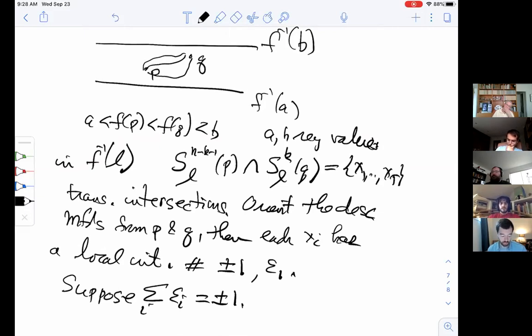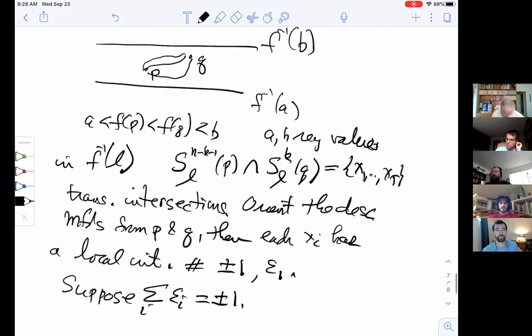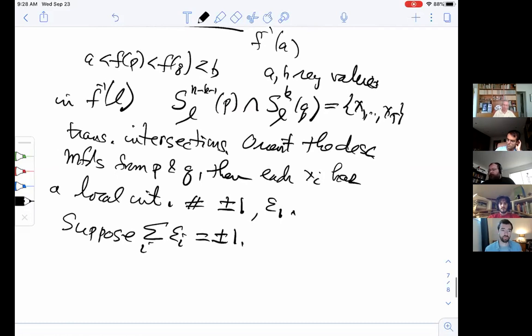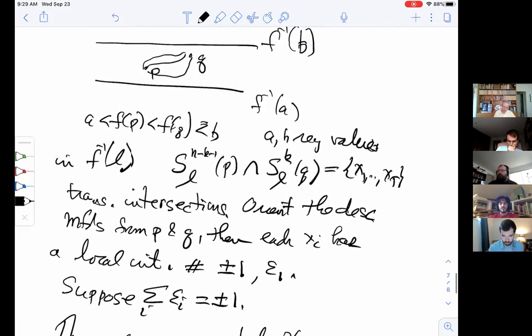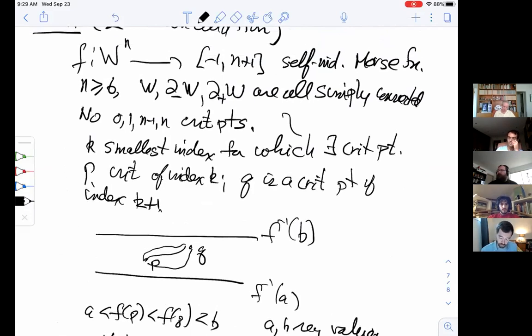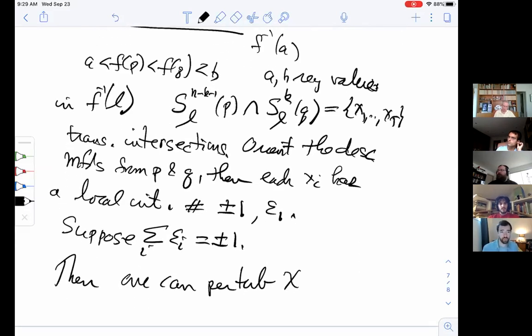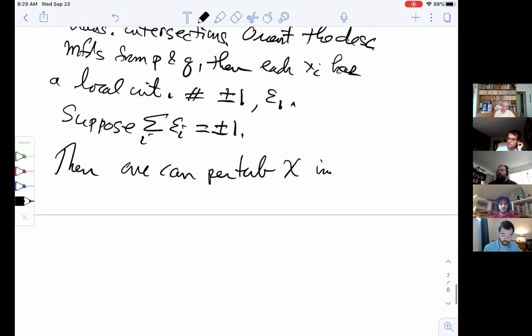Okay, so the algebraic intersection number of these two spheres is plus or minus 1, whereas before the geometric intersection number was 1. There was only one point. Then one can perturb the vector field. Sorry, I forgot to say, we have a gradient-like vector field. It's always assumed, and these ascending and descending manifolds depend on it. So you can perturb the gradient-like vector field in some region.